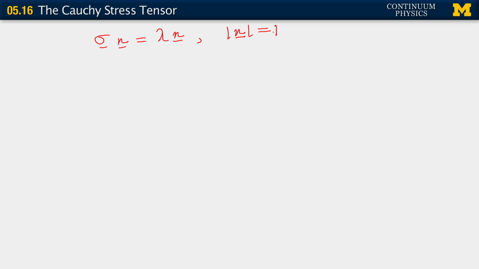In the standard eigenvalue problem, lambda are the eigenvalues, which you have otherwise heard in the context of the stress as being the principal stresses. And n is the corresponding eigenvector.